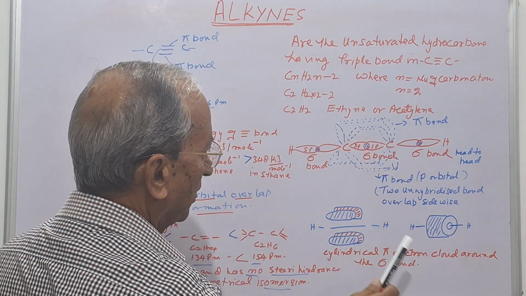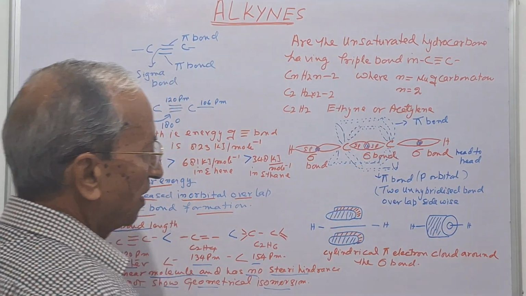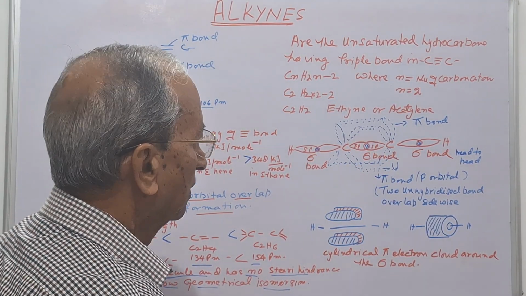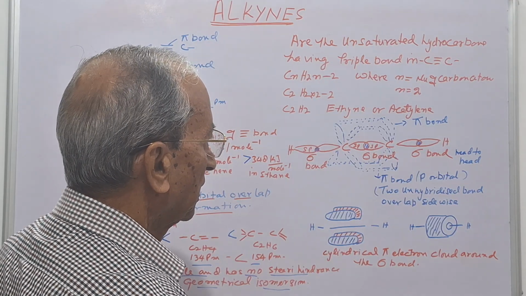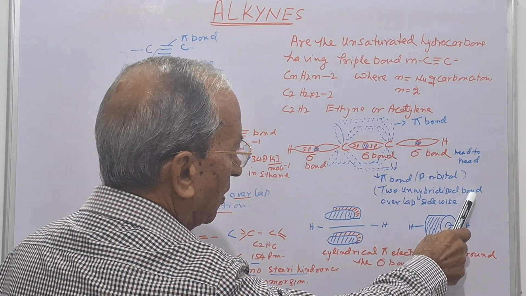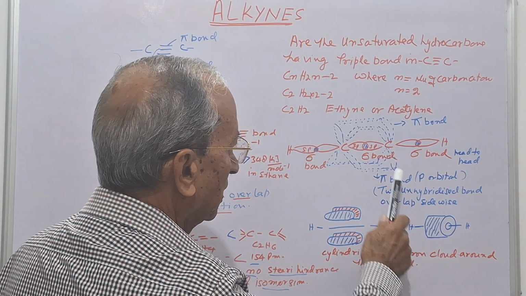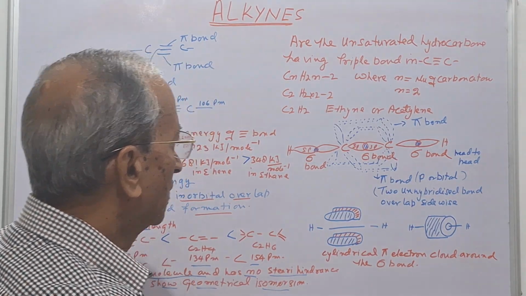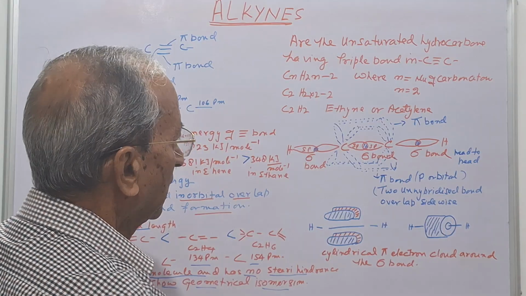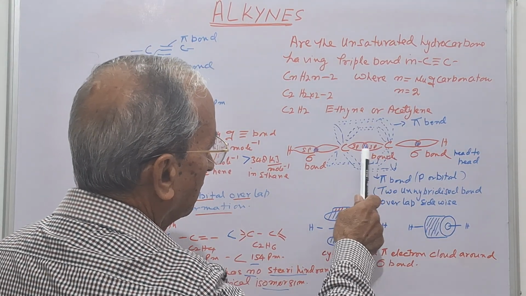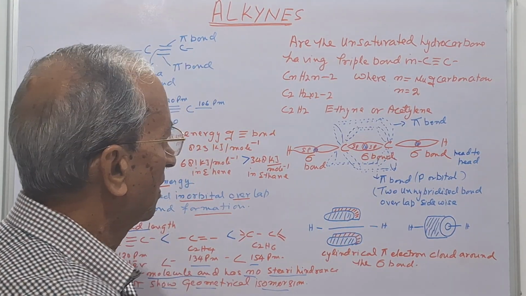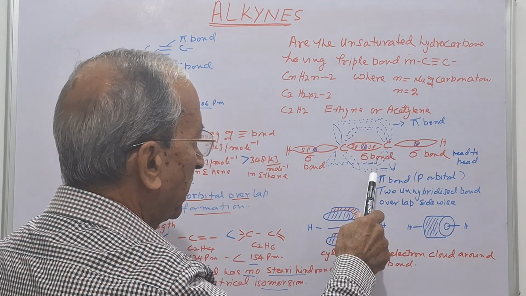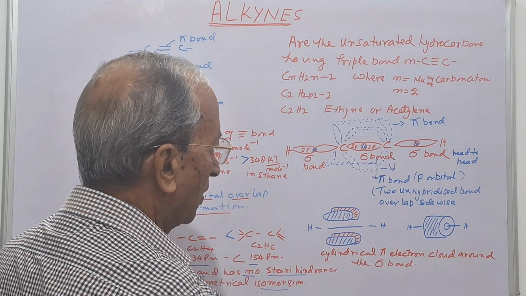This is the sidewise overlap, and they form the two pi bonds. So we say, in the case of ethyne, one is a sigma bond, and on either side, two pi bonds.